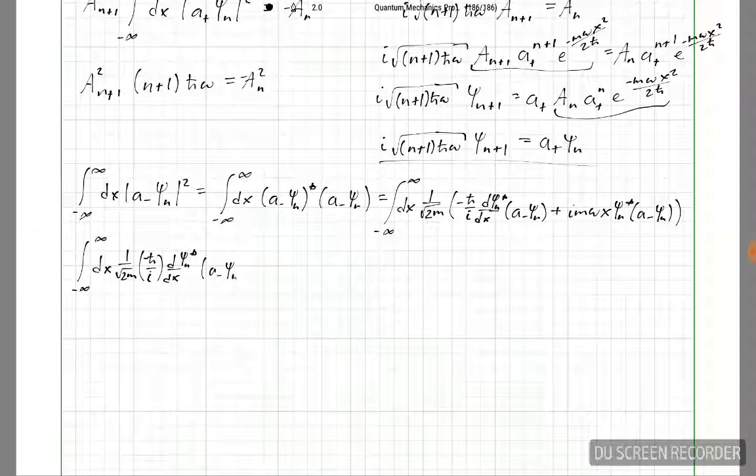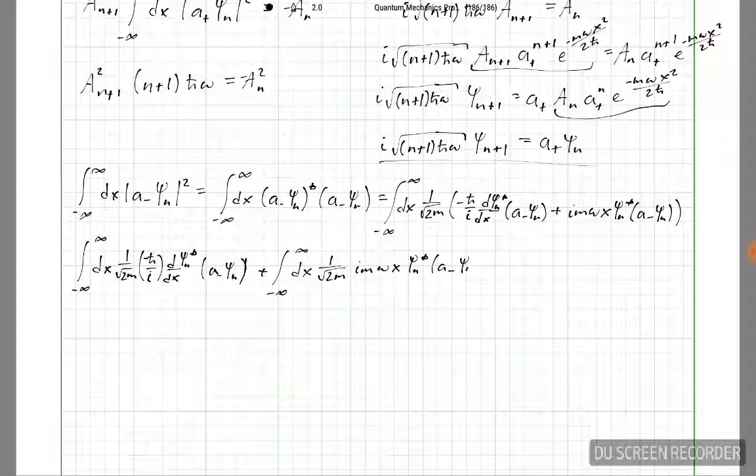This is the exact same one we did in the previous problem, problem 2.11. And then that's i m omega x, complex conjugate, the lowering operator acting on psi. We're going to do integration by parts.